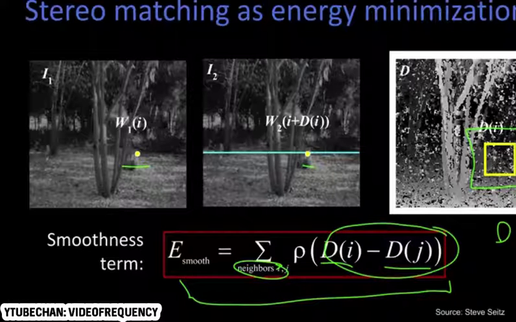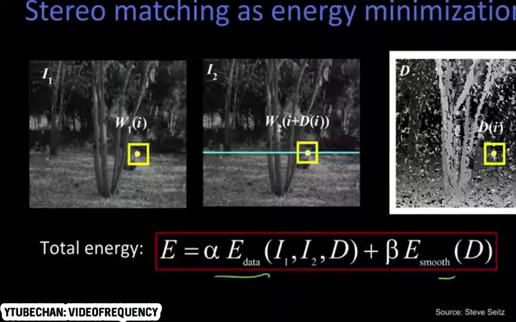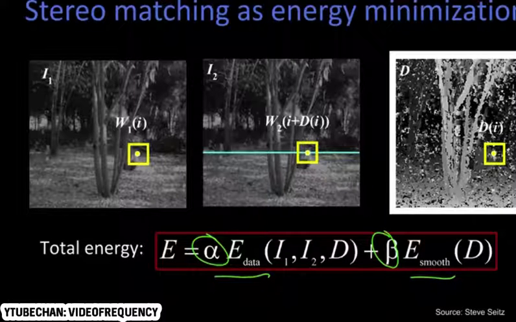But that's our smoothness term. And for energy minimization, we have the total energy, which is a blend of the data term and the smoothness term weighted by these coefficients. And what you want to find, and this is the hard part, is an assignment of disparities that minimizes this energy function.